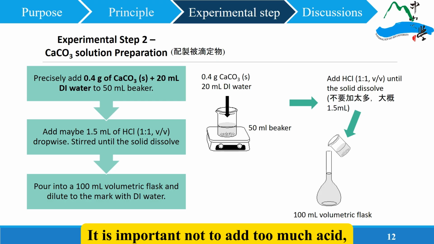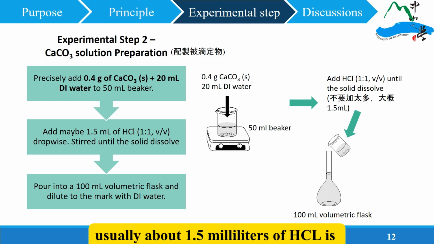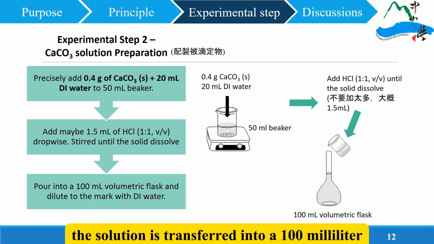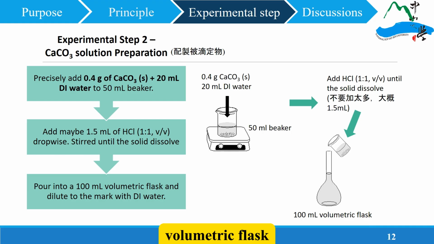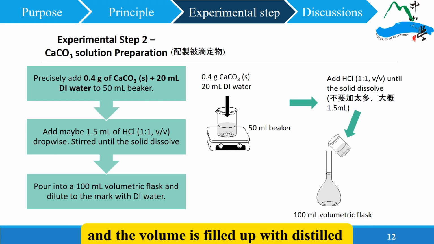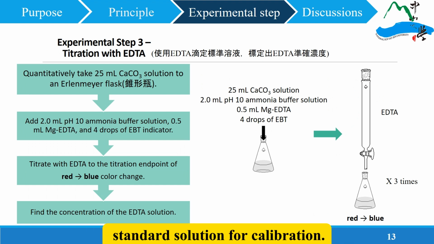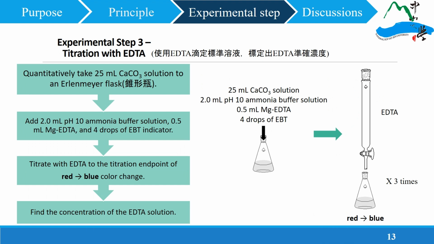It is important not to add too much acid. Usually about 1.5 milliliters of HCl is sufficient. After the solid dissolves, the solution is transferred into a 100 milliliter volumetric flask, and the volume is filled up with distilled water. This solution will be used as the standard solution for calibration.